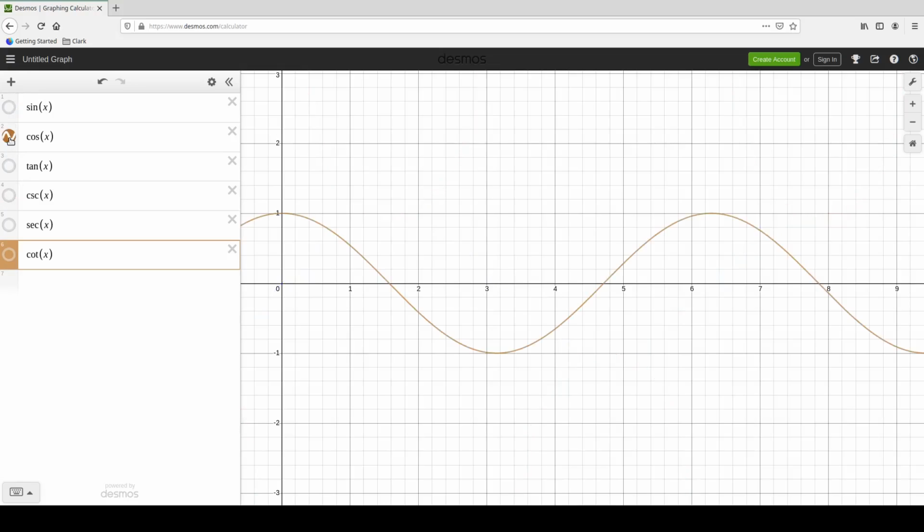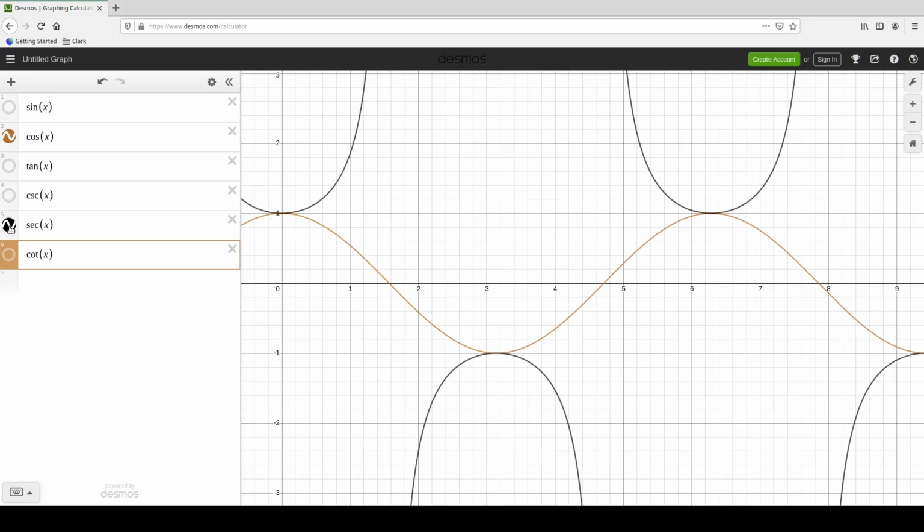Similarly, if we look at the cosine function combined with the secant function, you get the same sort of picture. The blue curve right here is the cosine function, and the black curve right here is the secant function, or 1 over cosine. So you see very clearly that this function has an asymptote whenever cosine is 0.